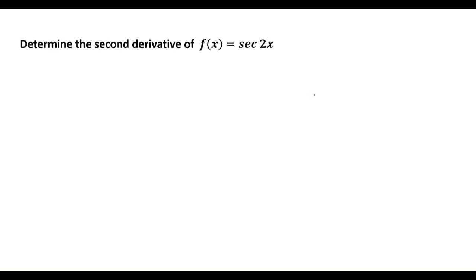Let's say we want to get the second derivative of secant 2x. So remember that the derivative of secant u is equal to secant u tangent u times du/dx. So let us first identify the first derivative.